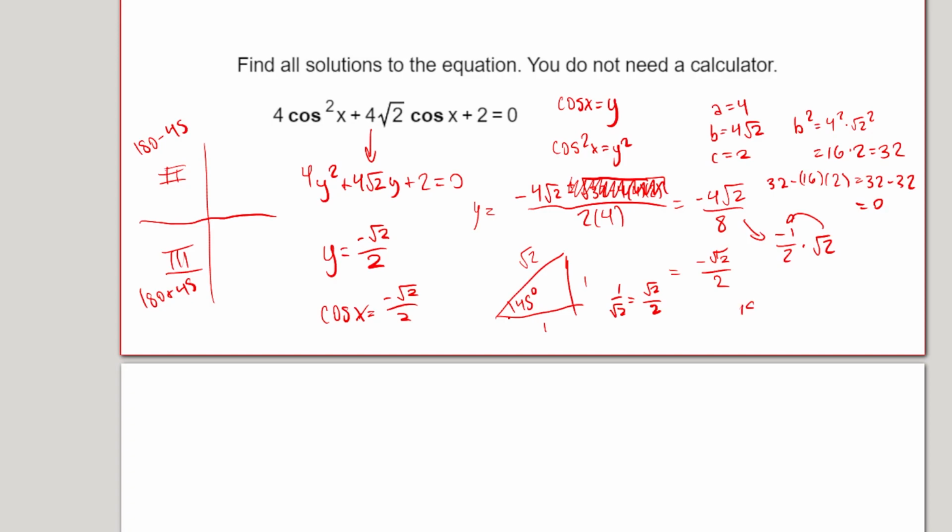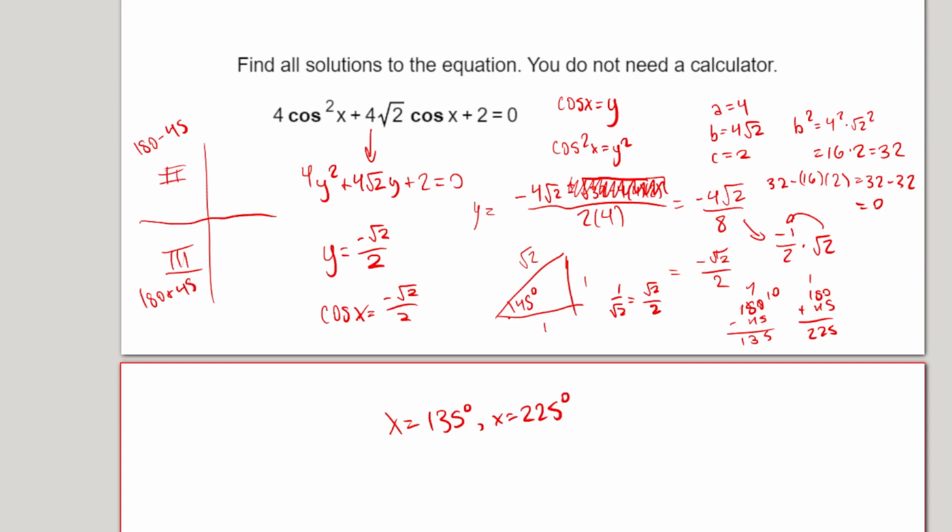So 180 minus 45 will give us 135, and then 180 plus 45 will give us 225, okay? So we only want when x is equal to 135 degrees or when x is equal to 225 degrees.